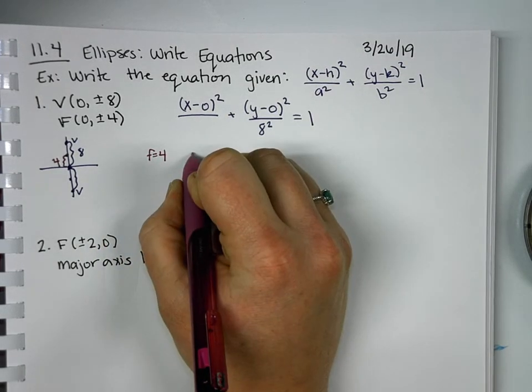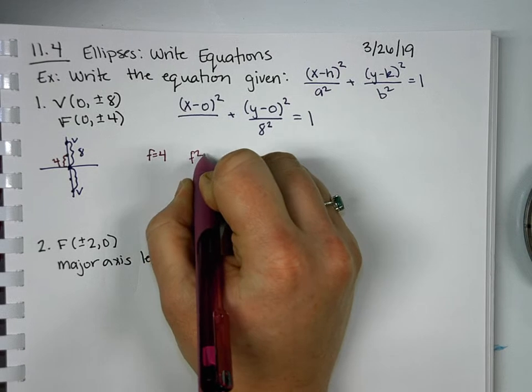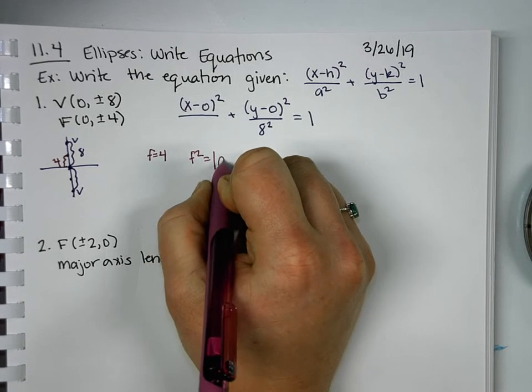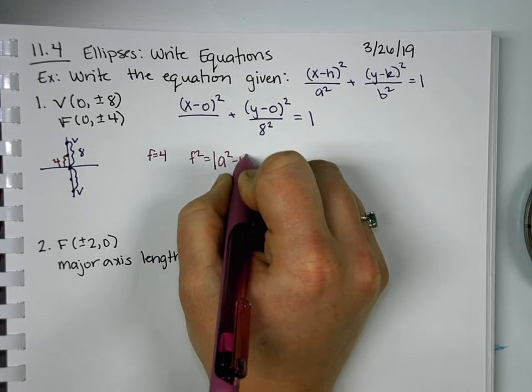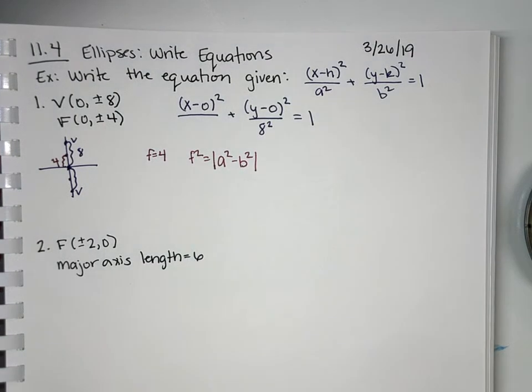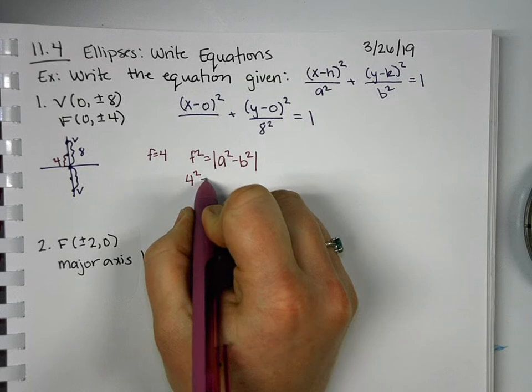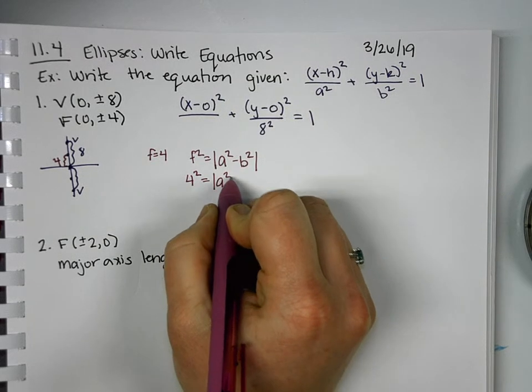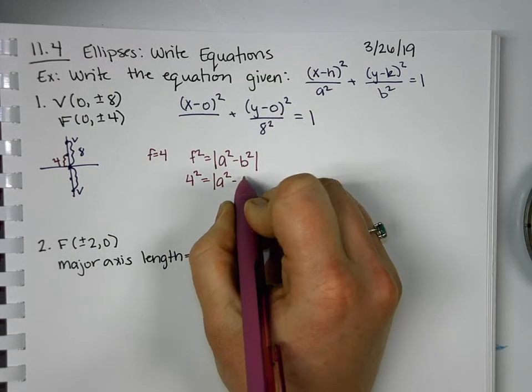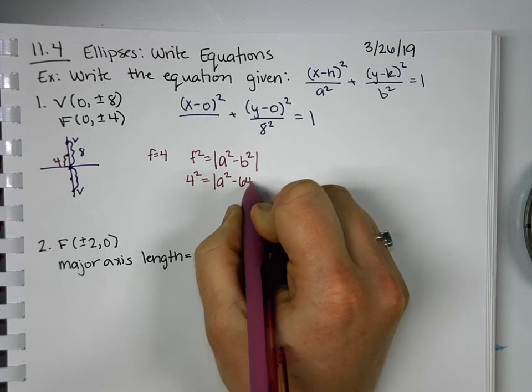So if I use f squared equals the absolute value of a squared minus b squared, I can find a. So 4 squared equals, I don't know what a squared is, but I know b squared is 64.